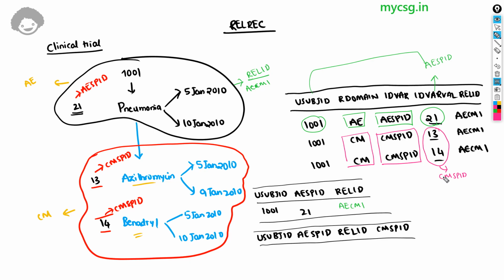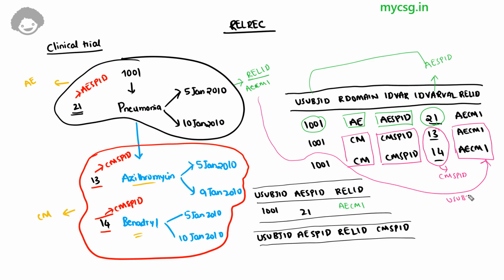And then we can merge the processed AE dataset, which already has this RELID of AECM1, with our second subset RELREC dataset, which has the records corresponding to CM and the CMSPID identifier variable. We can merge these two datasets at the subject and RELID level, so USUBJID and RELID can be used.